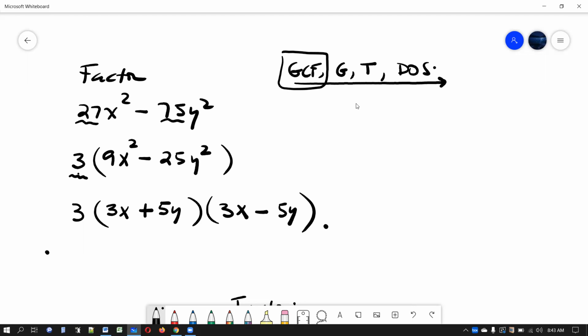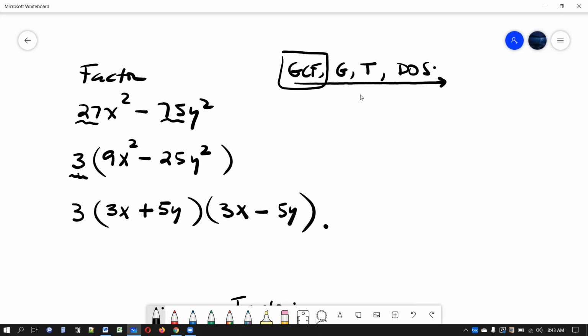I have two terms and I have a minus. So I have to factor the inside term by difference of squares. And I'm going to do that right now. And I will get 3x plus 5y and the same term 3x minus 5y in the second.